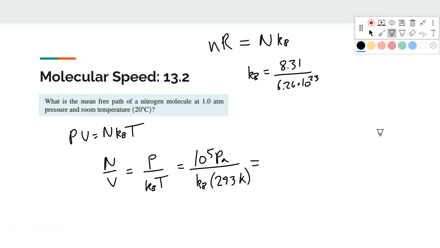When we get this all together, it should be around 230 nanometers. So a very small distance scale before the gas molecule on average would bump into one of its neighbors. So this part is mostly plug and chug, but we just have to get the number concentration from the ideal gas law.